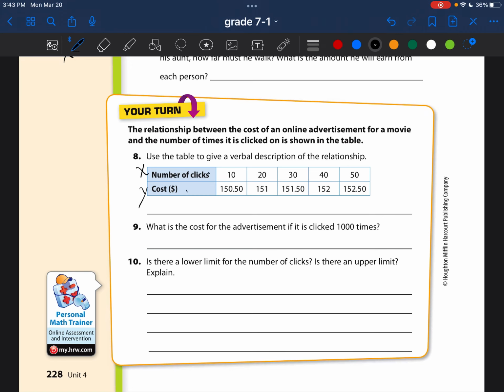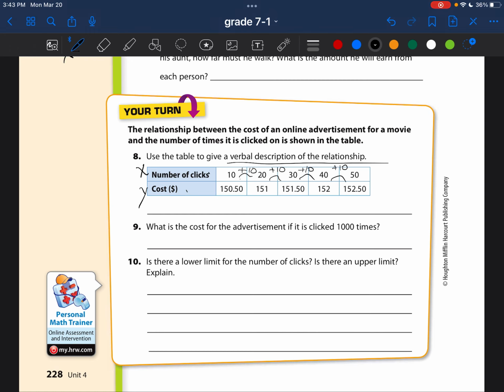Okay? So, let's go ahead and look at what it's asking for. What is the cost of the advertisement if it is clicked 1,000 times? All right. Oh, I'm sorry. We're going to give a verbal description of the relationship first. Okay. So, what are we going up by each time? Let's figure that out first. Okay, so you should have written that you're going up 10 each time.